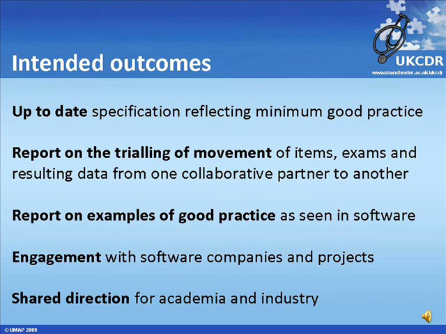There will also be a report detailing examples of good practice as observed during the software evaluations. We intend that a general outcome will be greater engagement with software companies and projects, and that overall the project will promote a shared direction both for academia and for industry.